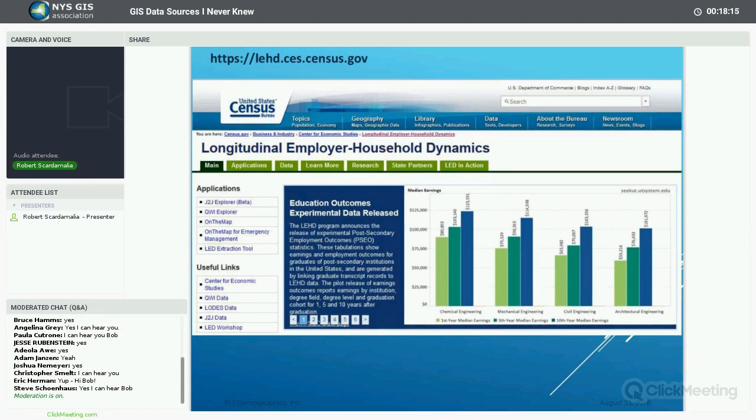This Longitudinal Employer-Household Dynamics data is something that I'm going to speculate most of you are not familiar with. LEHD for short is a data set that has been developed over, I'd say, at least the past decade. And what makes it unique is that it's a link between various detailed record systems. It's a cooperative effort between states and the Census Bureau and other federal agencies.